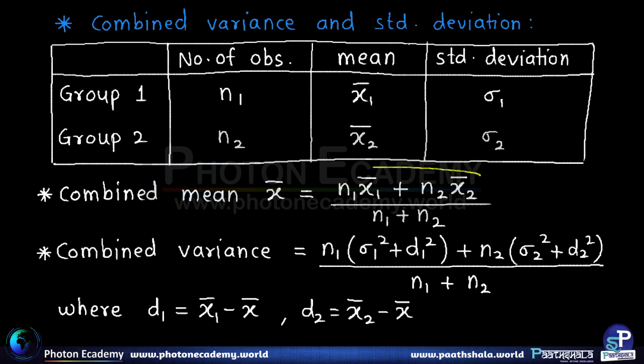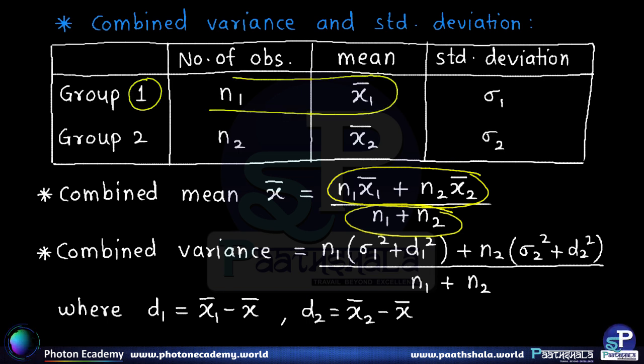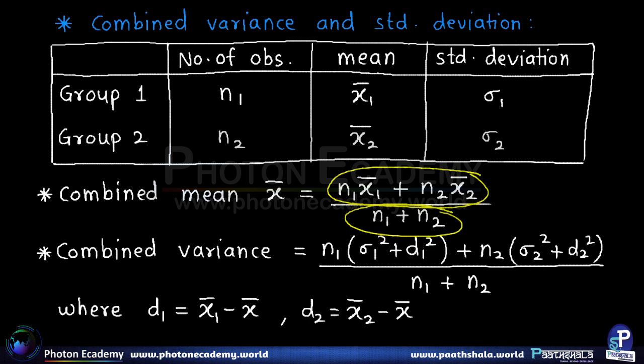That is nothing but the sum of all observations upon the total number of all observations. So to get the sum of all observations, we must have the sum of observations in group 1, isn't it? And that is nothing but the number of observations in it into its mean. That gives us the sum, and same for the second group. So that is where we get the formula for the combined mean.